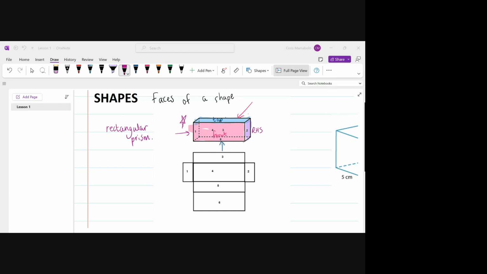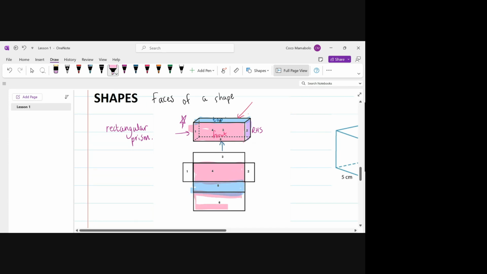Now, if I had to break my box into bits and pieces, I know that if this is my front, then my front will be connected to the top. Oh, sorry, I used the wrong color. Let's erase that and start again. I know that the front will be connected to the top, which is then connected to the back.